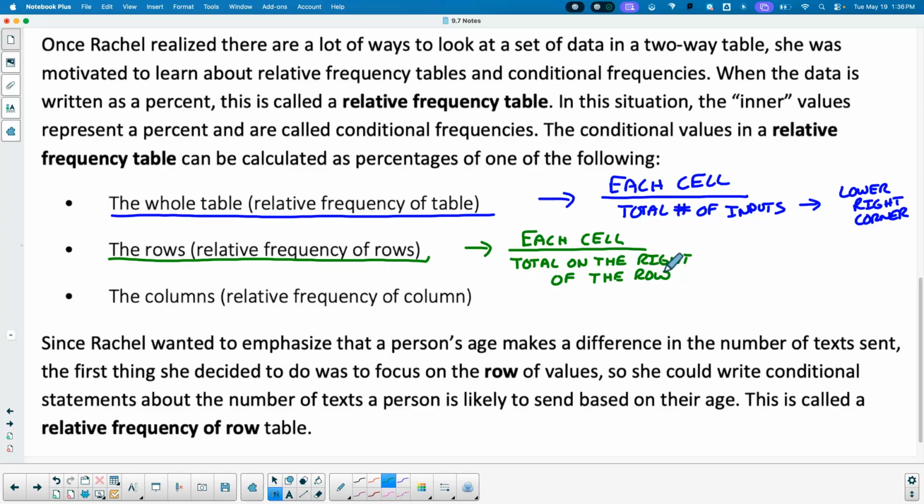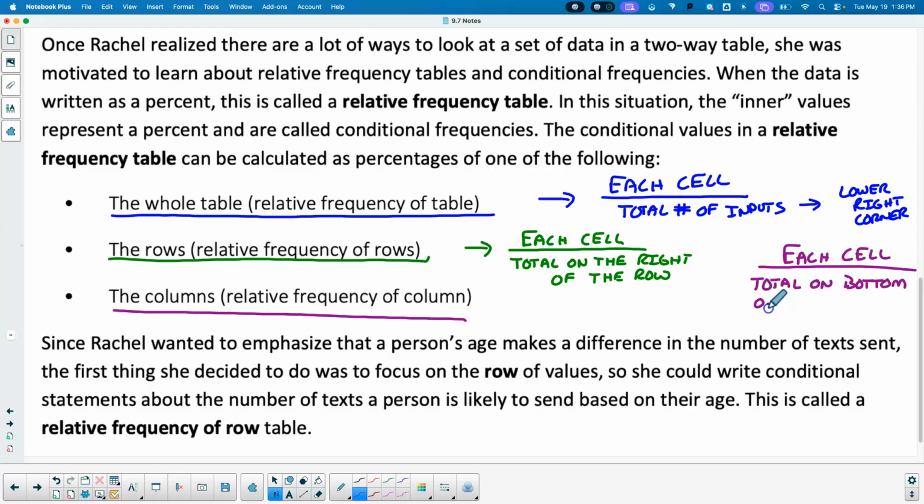If we're doing it by the column, okay, then we're going to divide each cell by the total on the bottom of the column. Okay?